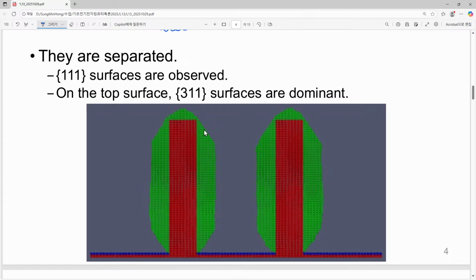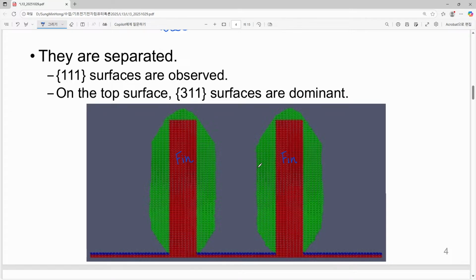We can easily say that these two fins are still separated. Here we have one fin and another fin, and since we have a 20 nanometer spacing, 4.5 nanometer of growth along the side direction doesn't introduce merged fins.